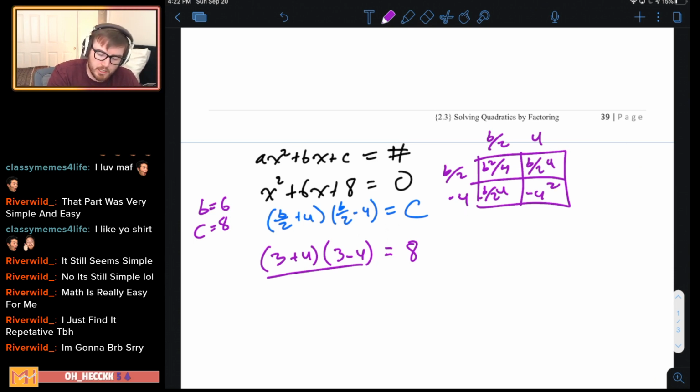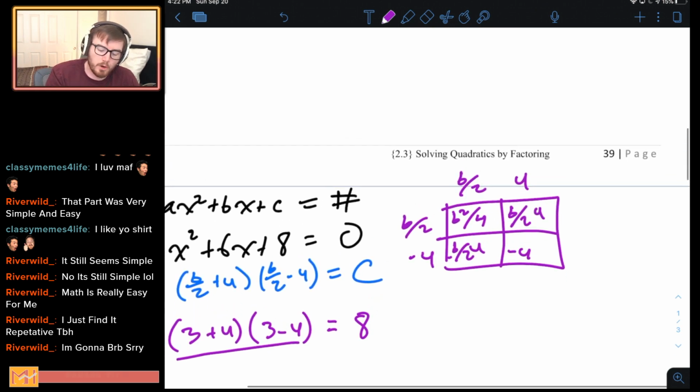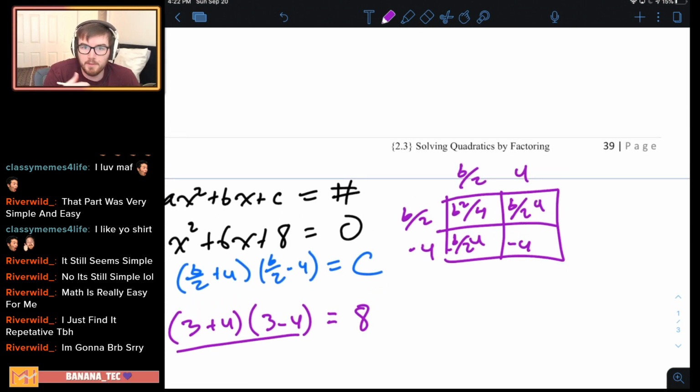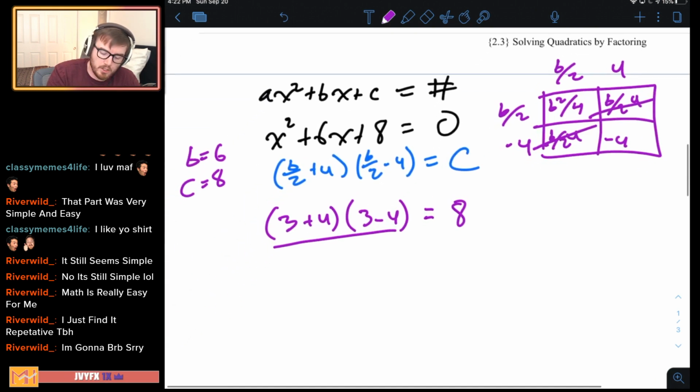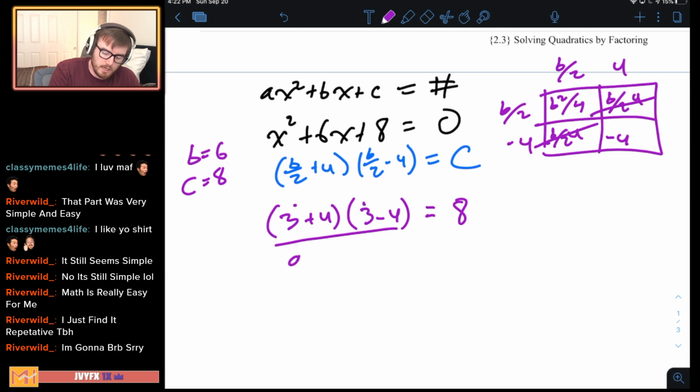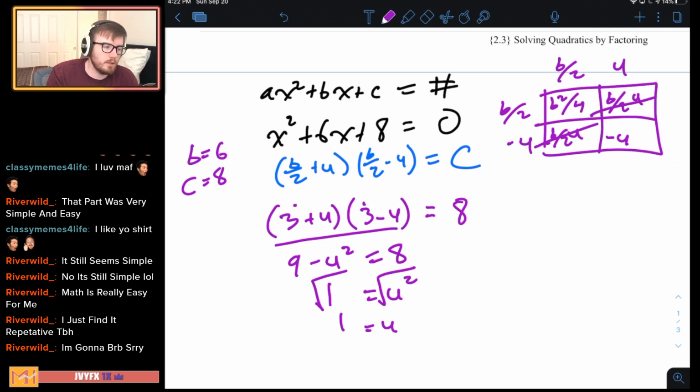I know I'm somewhat rushing, but I'm just trying to refresh our memory. We're always going to have a plus something u and a minus something u, and those somethings are always the same and cancel out. And we just end up with 3 times 3, which is 9, minus u squared equals 8. Then I would move my u over, u squared, subtract the 8, I get a 1. Take the square root, u equals 1.